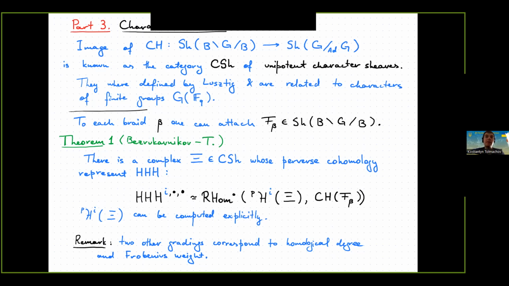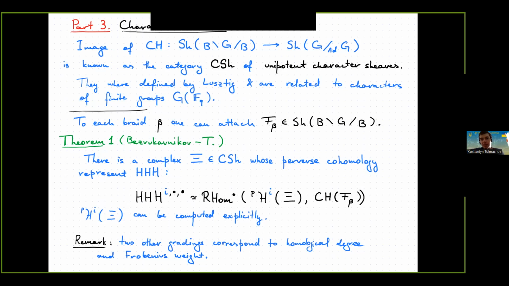These were defined by Lusztig and are related to characters of the corresponding finite group of Lie type. So we take G and take its F_q points. The number of different irreducible perverse character sheaves is the same as the number of unipotent representations of the corresponding finite group of Lie type.